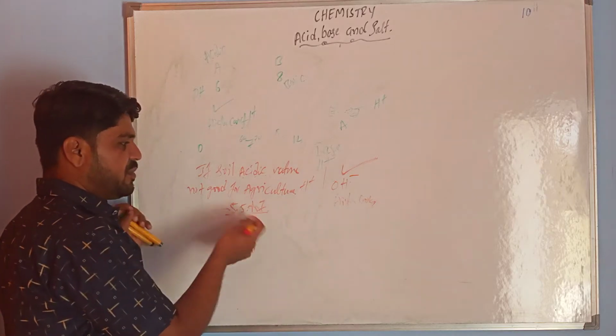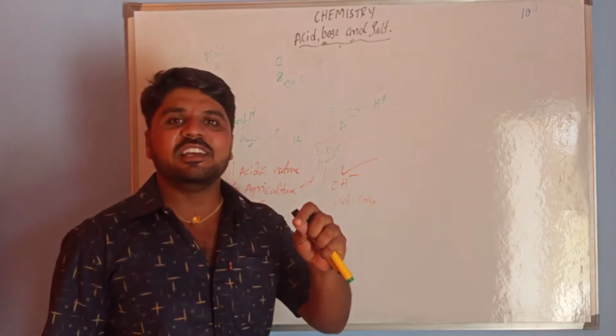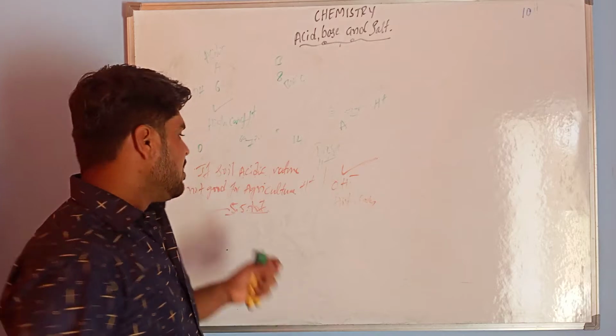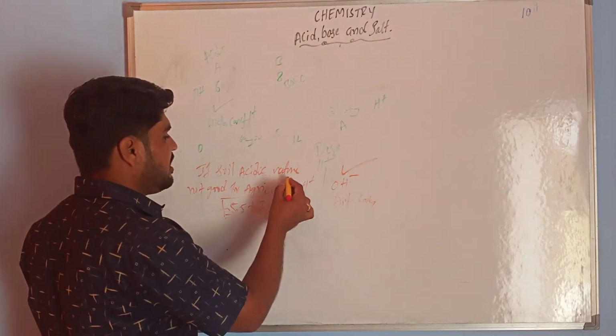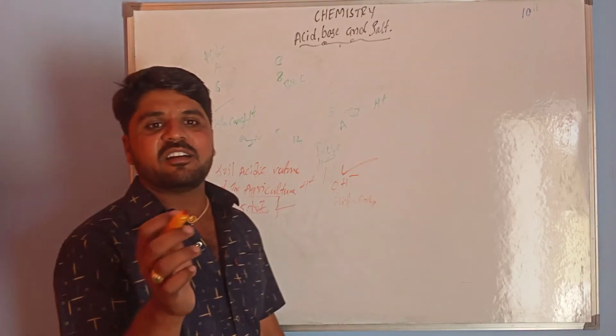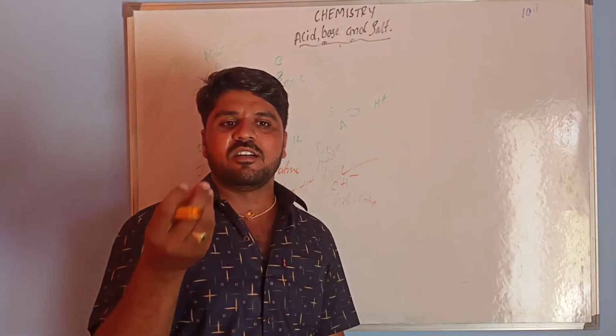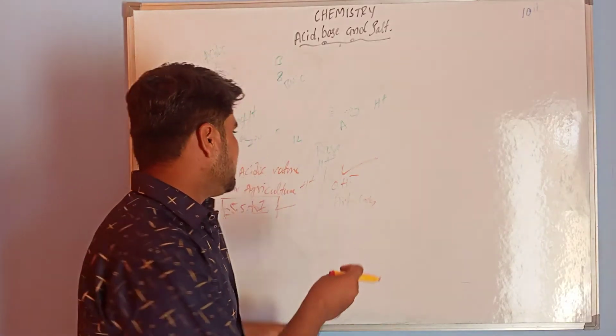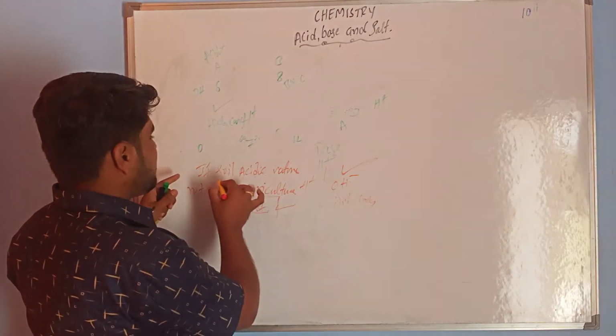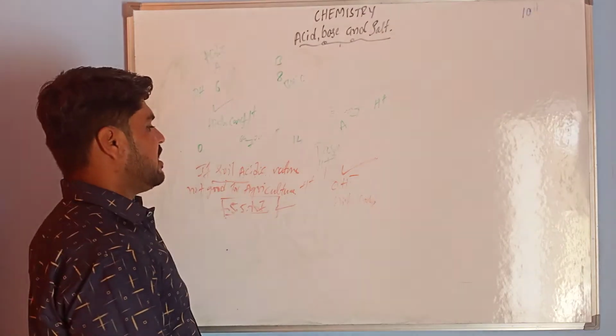When the pH is below 5.5, we call it acidic soil. Then we use calcium hydroxide, slaked lime, quick lime and chalk to neutralize the acidic soil.